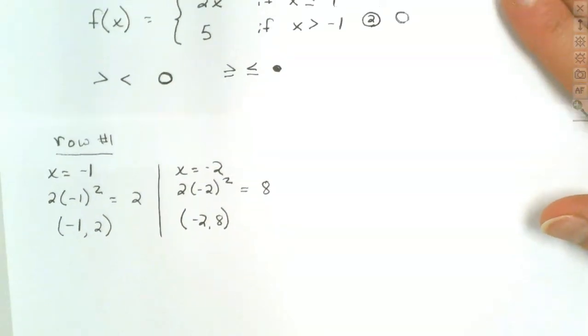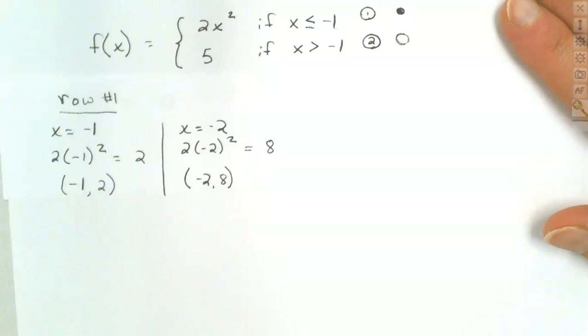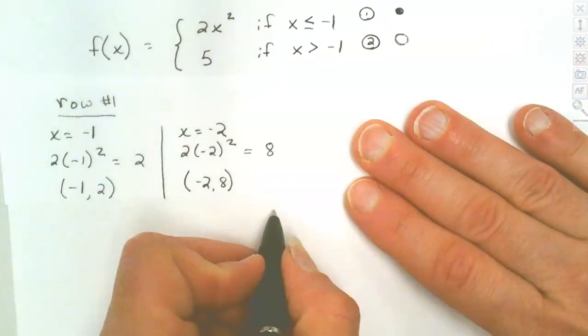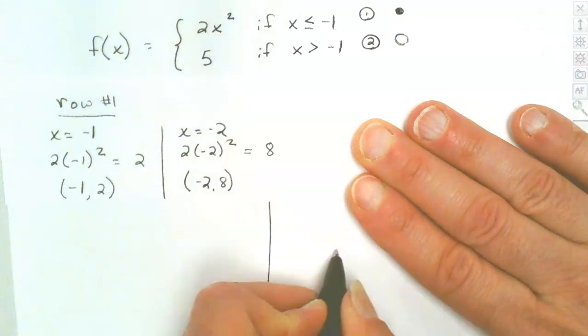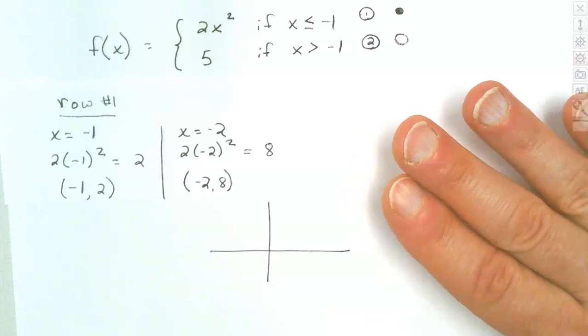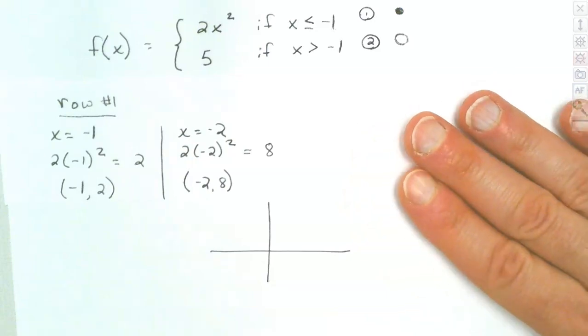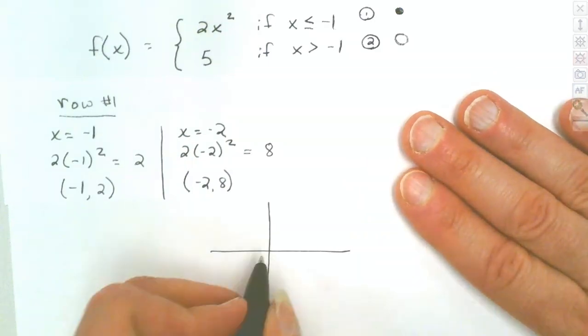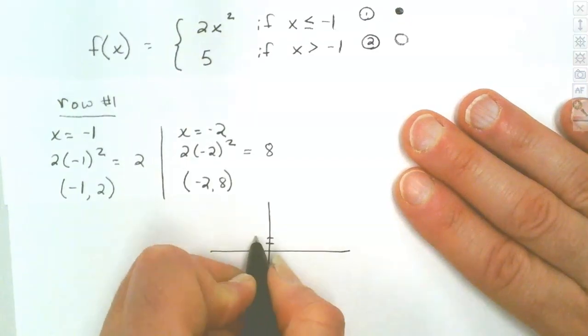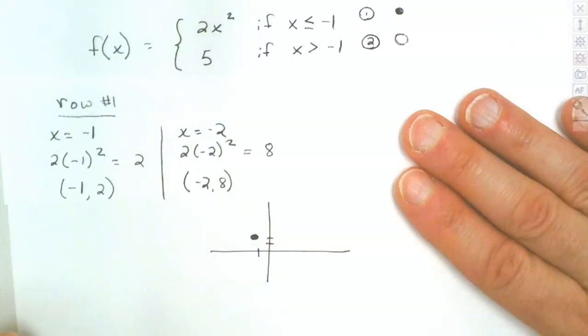So we're going to go ahead now and plot these 2 points and begin graphing our function. The first point that we need is -1, +2. So that's back 1 and up 1, 2. And we use a closed circle here. I always like to label at least the first point.